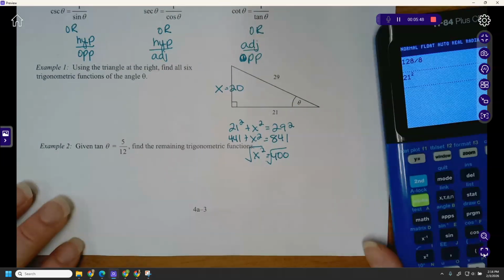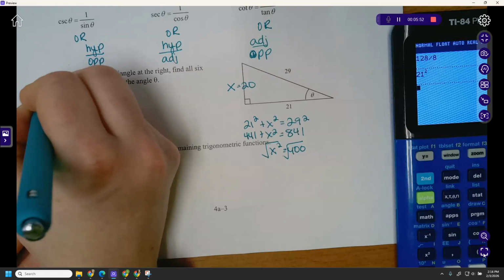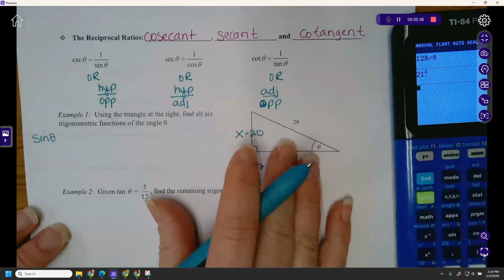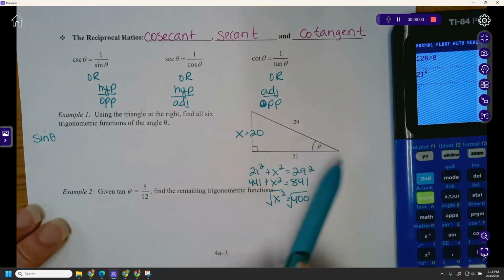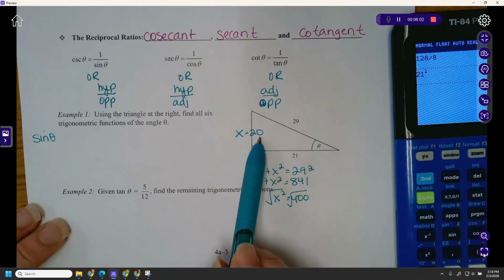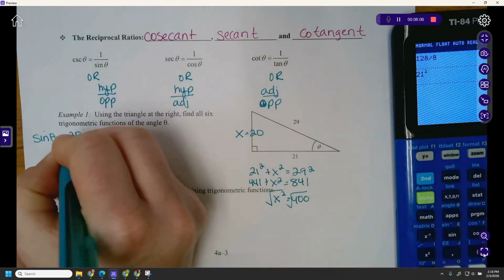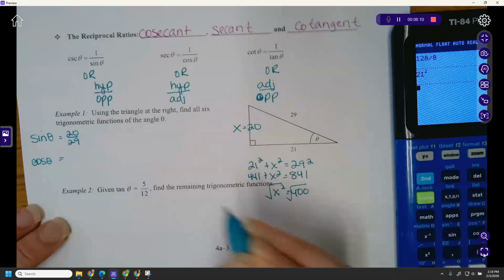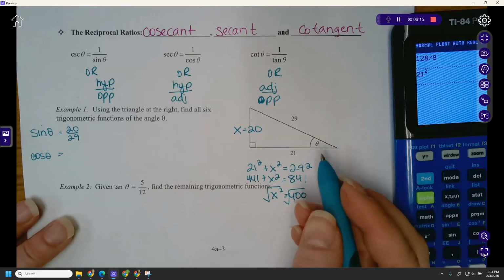All right, so I'm going to do my 3. Sine. So opposite over hypotenuse. So here's my angle, opposite 20 over 29. Cosine: adjacent over hypotenuse.